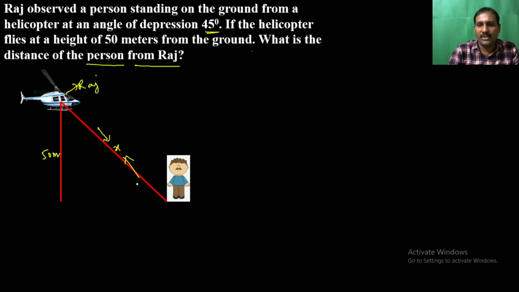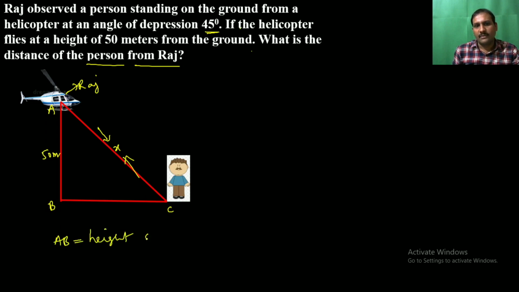Okay, so let us join this. Let us name them A, B, C. So AB is equal to the height of the helicopter from the ground. That is given in the problem clearly.